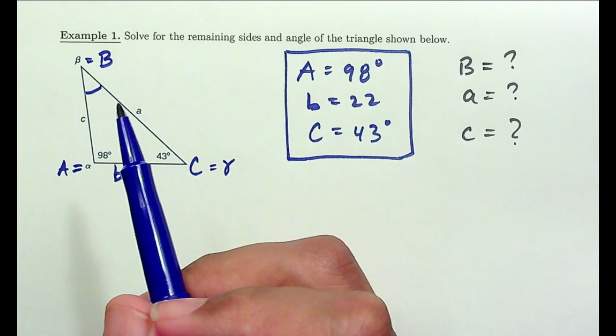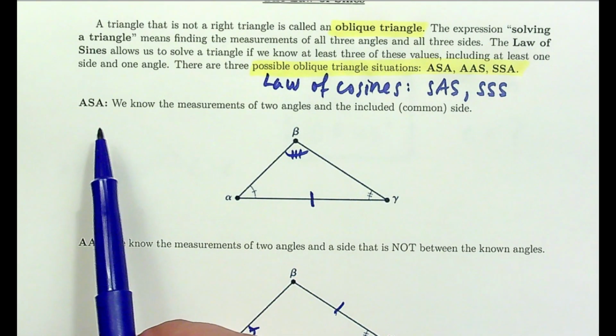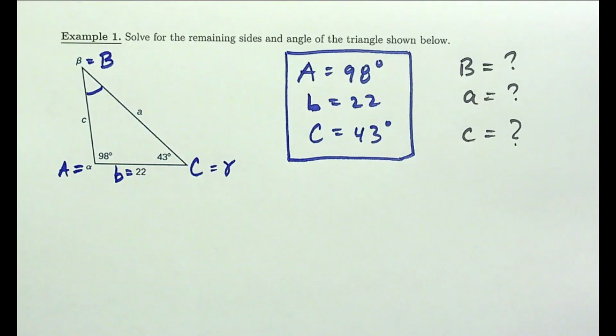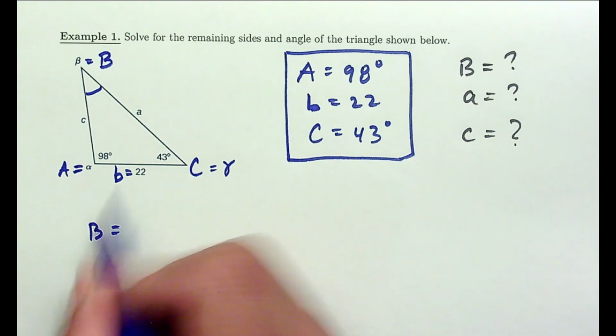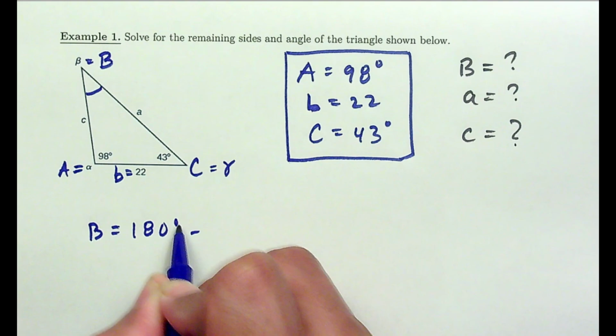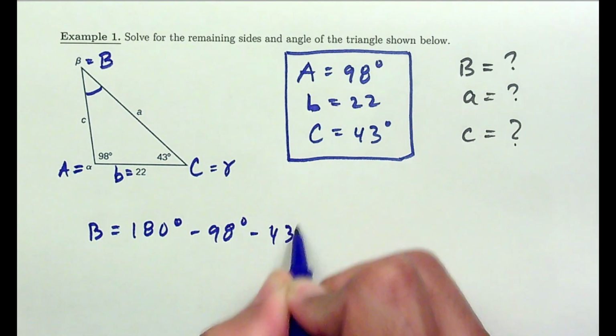So that means this is the first case I told you about. This is ASA. In this case, you know two angles, you can figure out the third angle real quick. So let's do that. So what is B? Well, if I know these two angles, B is going to be 180 minus 98 minus 43.